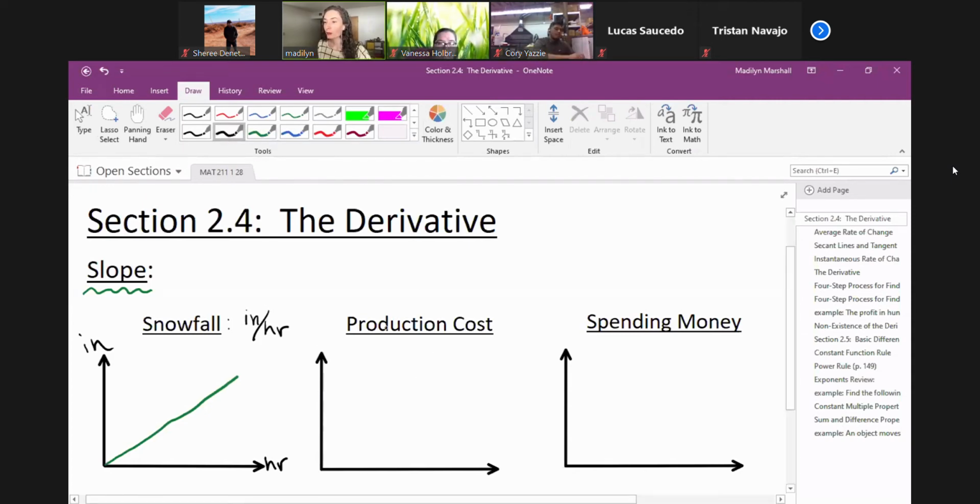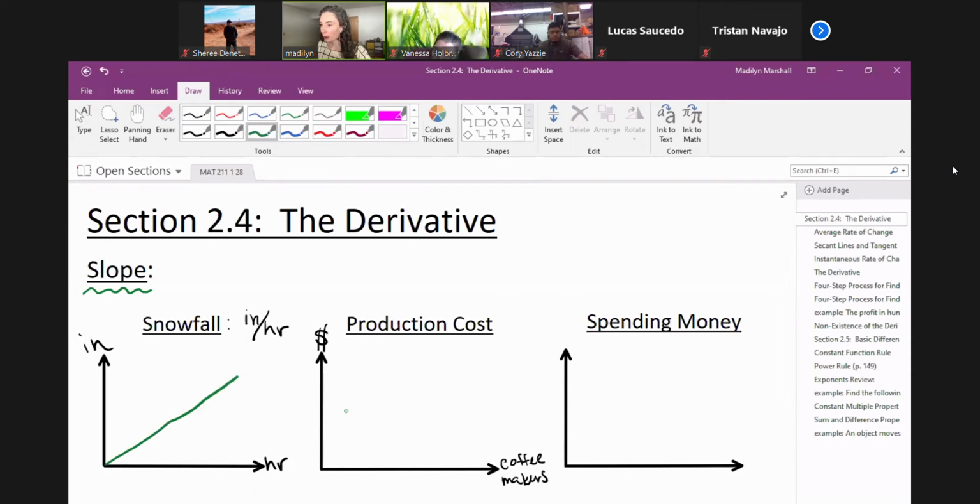If we are producing something, like you have a company and you're making coffee makers, for example, you will have some costs. You'll have to spend so much money in order to produce your coffee makers.